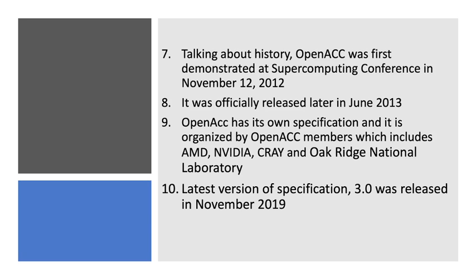These members are the permanent members of OpenACC. The latest version of the specification, 3.0, was released in November 2019, where the first was released in June 2013 as talked about before. Apart from these members, there are also other members which organize OpenACC.